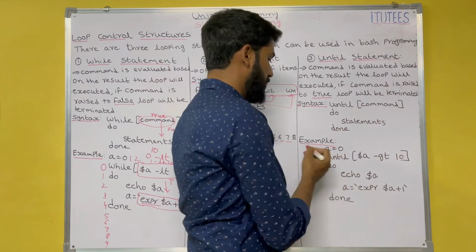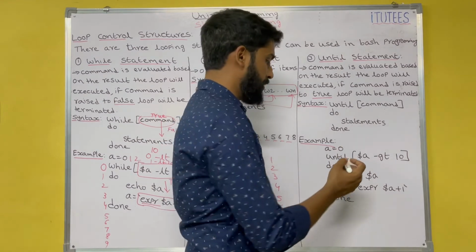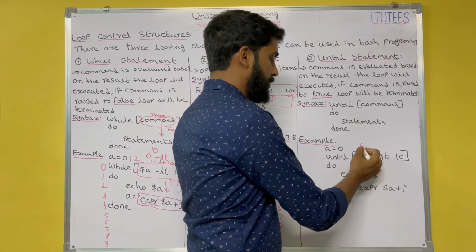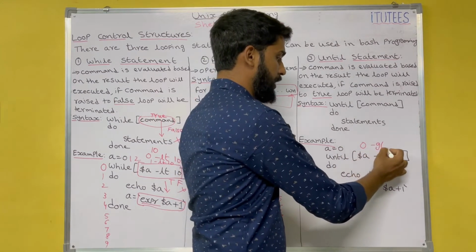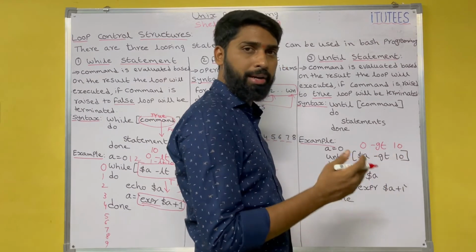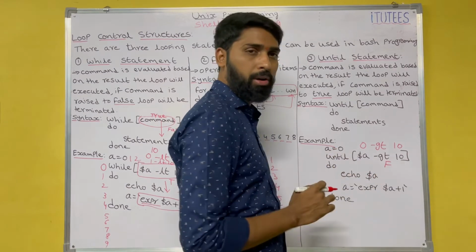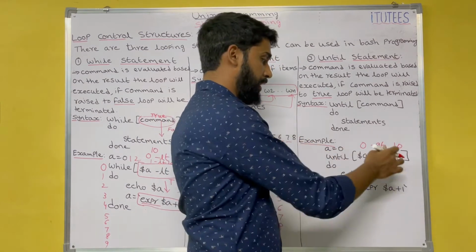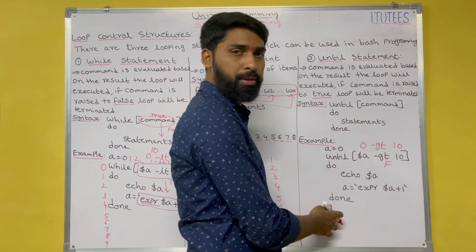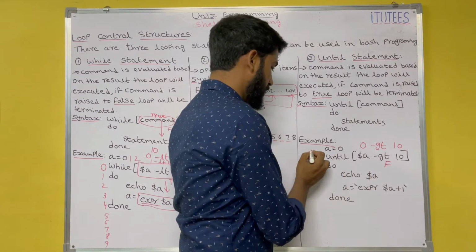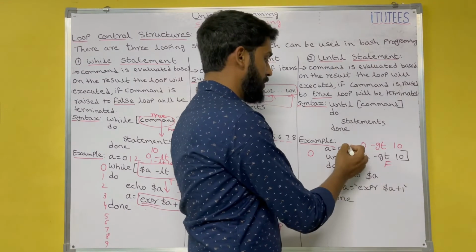Now this is the example: a equals 0, until $a, that means 0 -gt 10. So 0 greater than 10, the result is false. So we enter into the block. Coming to while, if the condition is false, we terminate the loop, but in until we execute. So you print the a value and increment the a value to 1.